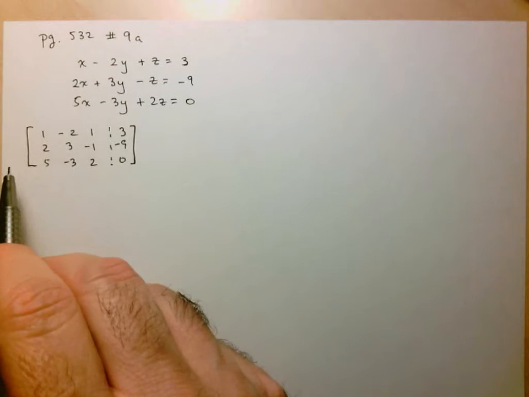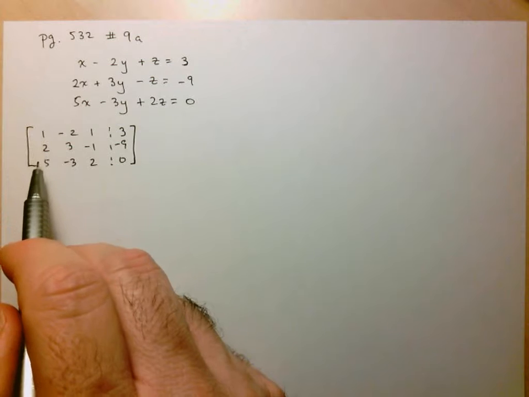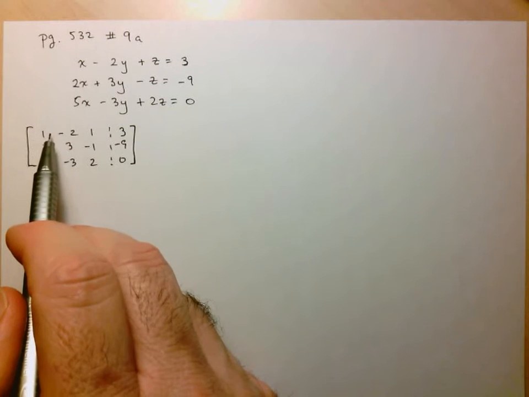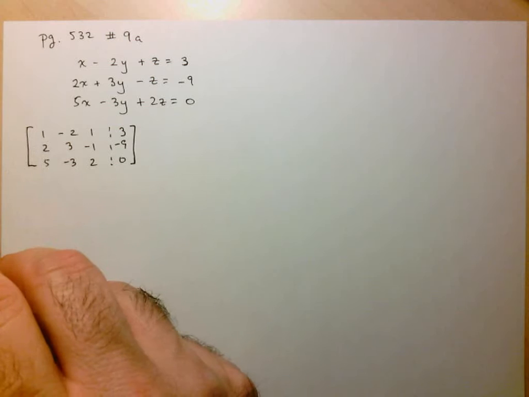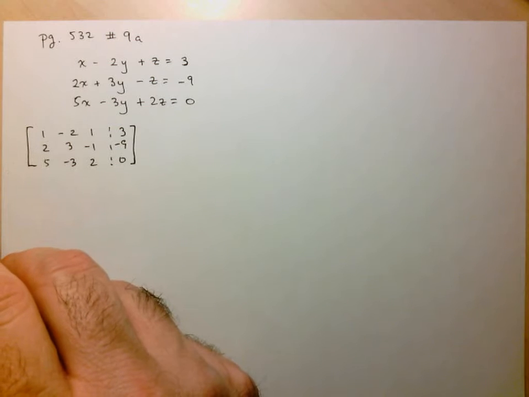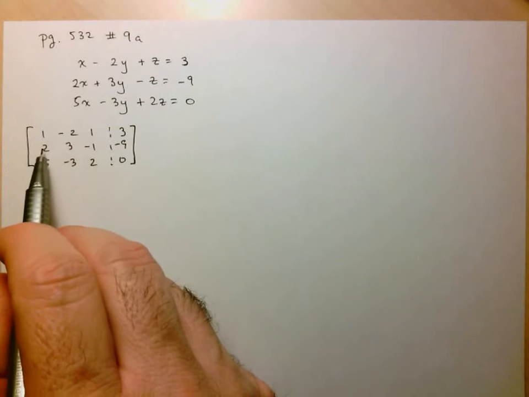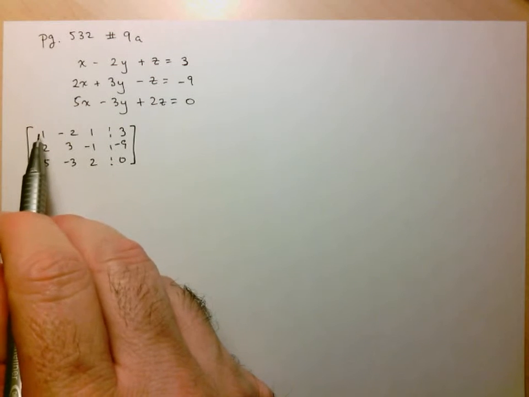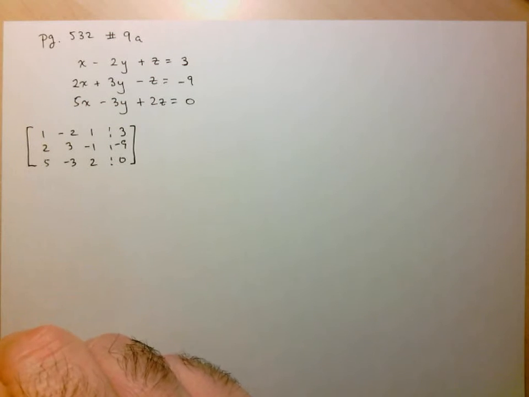My system is to always eliminate the x's first. I'm very happy that I've got a 1 in the top left corner, it makes life easier. If I didn't have it, but I had a 1 in one of the other two rows, my first step would be to interchange rows to get that 1 in the top left corner.